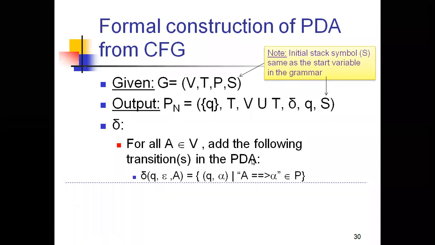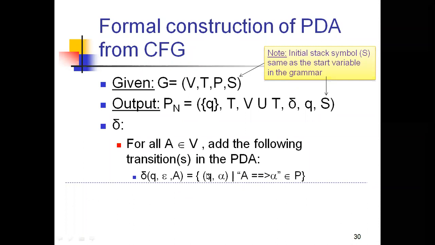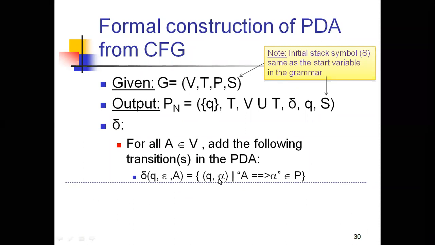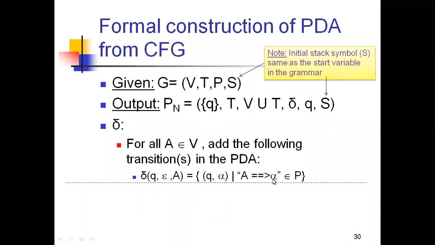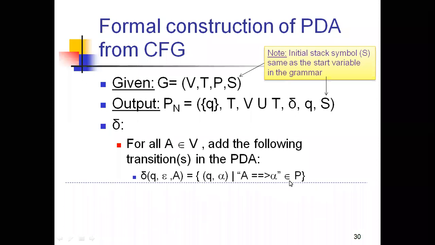For example, if the current state is Q, epsilon is the input, and A is the top of the stack symbol, then it should give the output Q, comma alpha. Alpha is what A is giving. The rule for A is alpha. So in the place of this A, we substitute alpha, where A tends to alpha belongs to the productions.